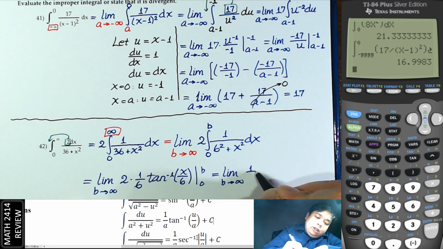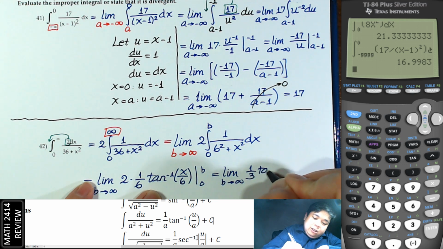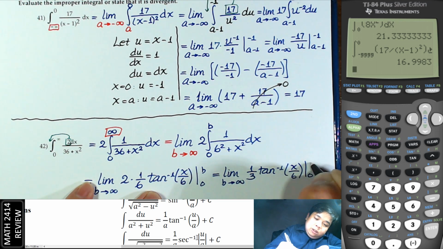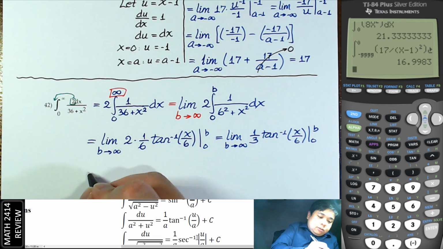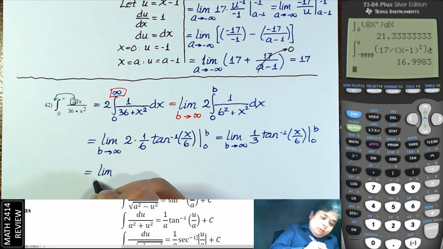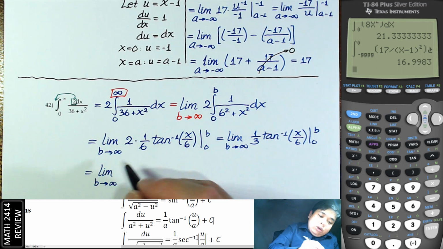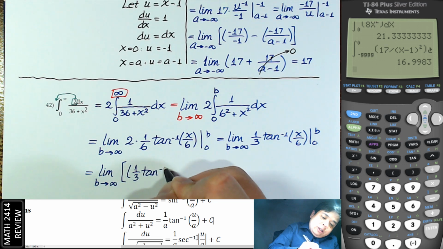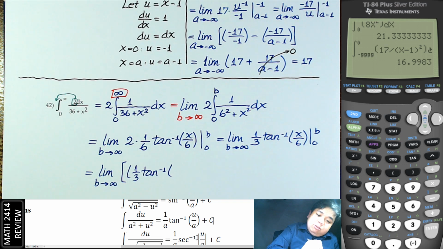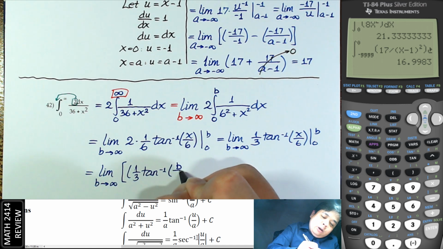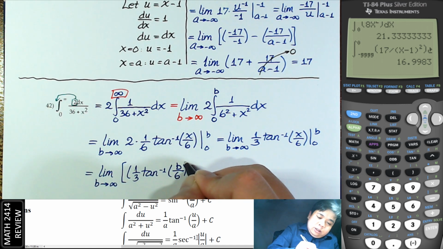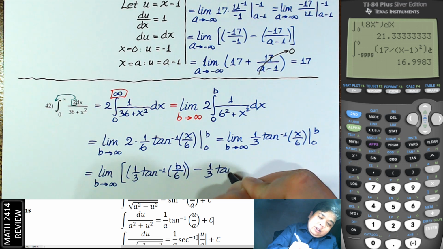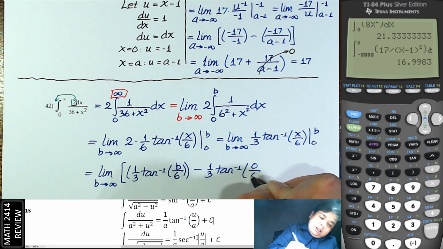That is 1 over 3 tangent inverse. Now we substitute b into it. 1 over 3 tangent inverse of b over 6, subtract 1/3 tangent inverse of 0 over 6.